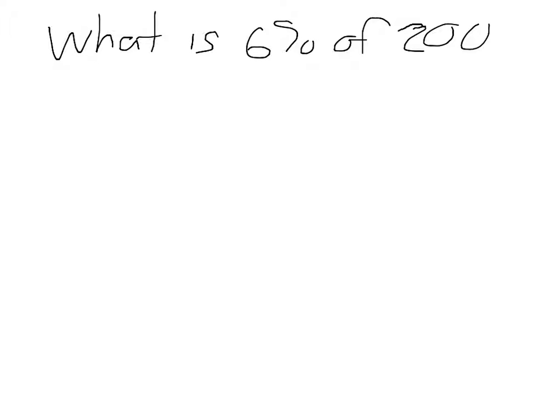What does the word what mean? It means a variable. We'll call that x. Is equals. 6% becomes 0.06. Of is times, and then 200.